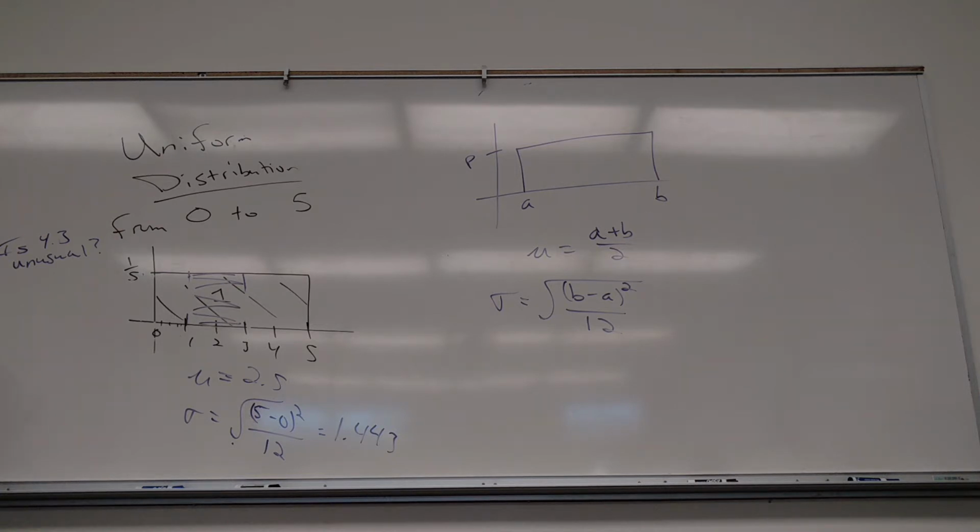The mean was 2.5. The standard deviation was 1.443. So how far do you have to go up? 2 steps. So 2.5 plus 2.88, roughly 5.38. And then down, I don't really care about, because 4.3, is that unusual? No, it's in there.